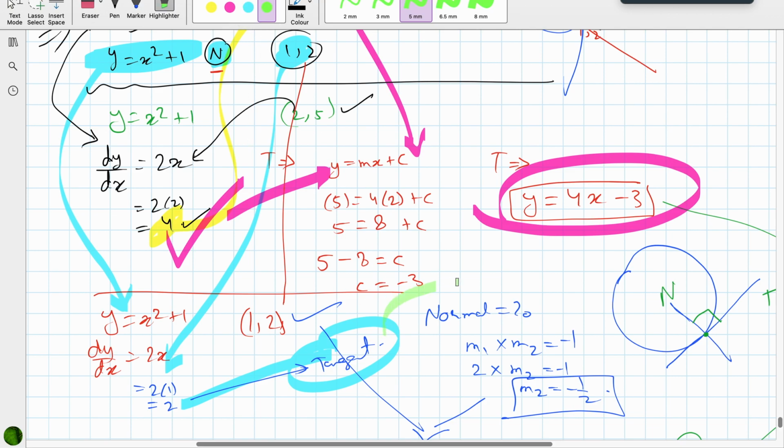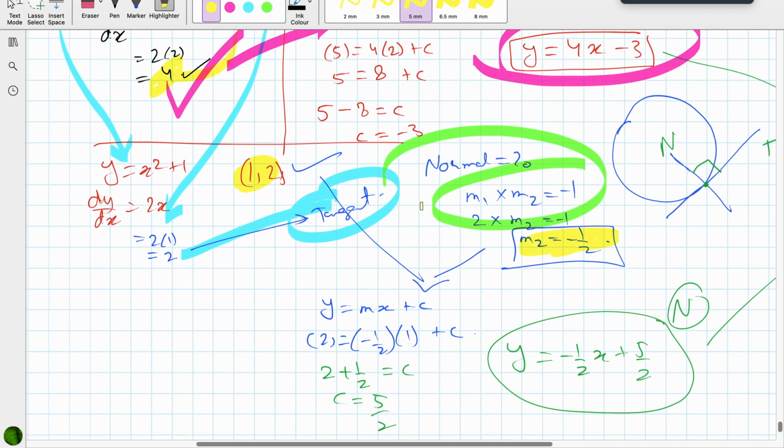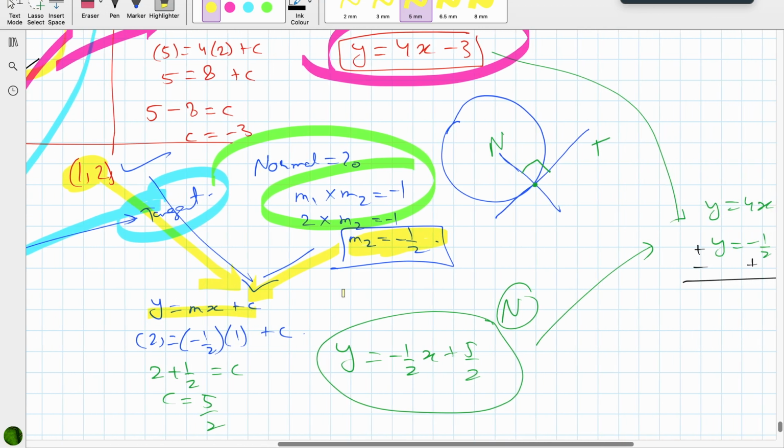For the normal, we use this formula: m1 into m2 equals minus 1. So you got the gradient for the normal as minus 1 by 2. You have the point 1 comma 2. We use the point and the gradient in y equals mx plus c to get the equation, which is this.